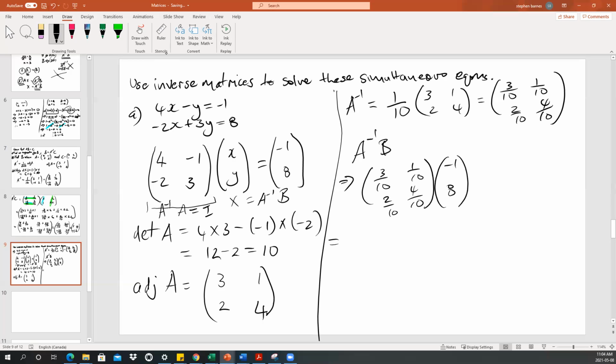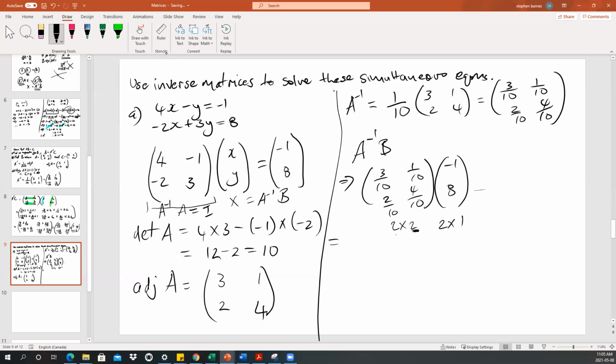So remember, we're talking about compatibility, to make sure that we can actually do the multiplication. This is a 2 by 2 matrix, and this is a 2 by 1 matrix. Look at the number of rows and columns: rows first, 2 rows, 2 columns, and then 2 rows and 1 column.